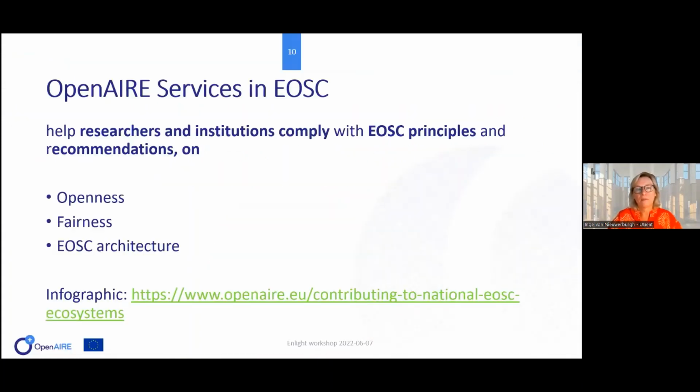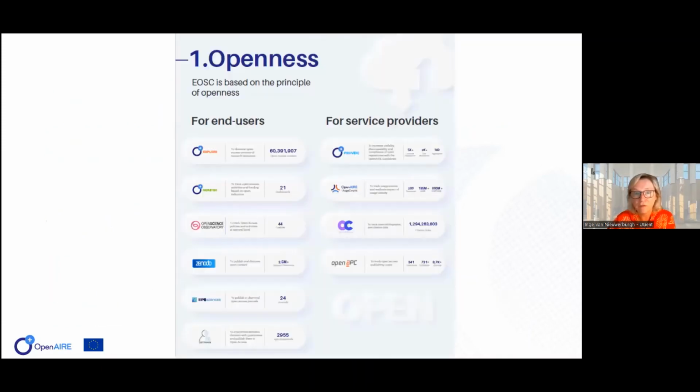Then there are specific OpenAIRE services in EOSC, developed to help researchers and institutions comply with EOSC principles and recommendations on openness, FAIRness, and EOSC architecture. The infographic with a link there shows an overview on openness for end users. There are services for service providers.